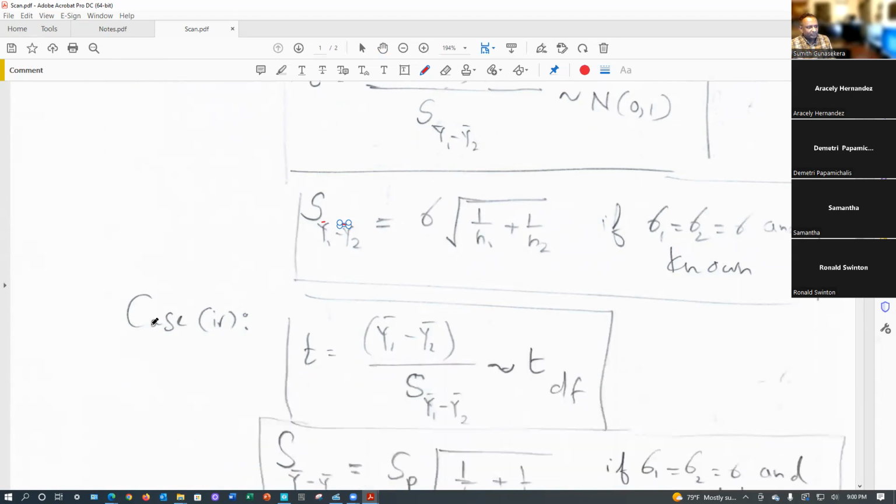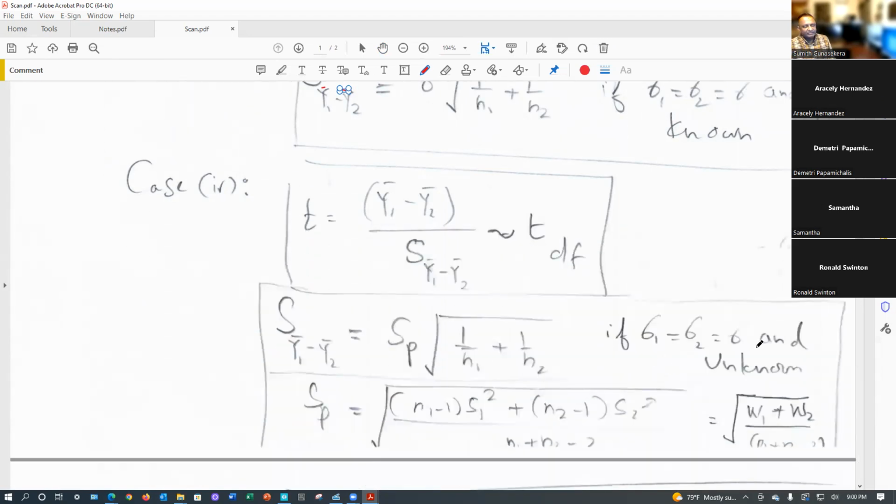And the case 4 is the most important case that we do all the time. See, they both are the same, assuming that the population standard deviations are same, but unknown. You don't know.